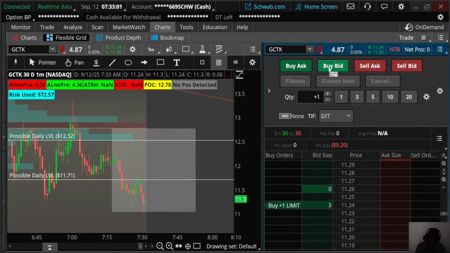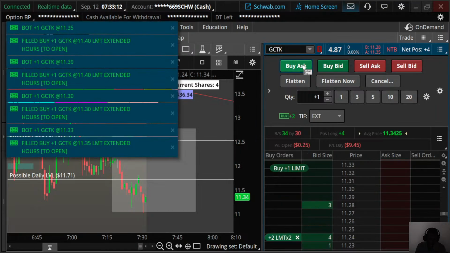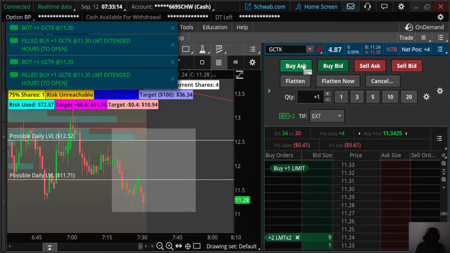Are you going to hold that? Got a couple of buys in there on the bid. Okay, so it tested the bottom of that level. Let's see if we can continue to play over 11.